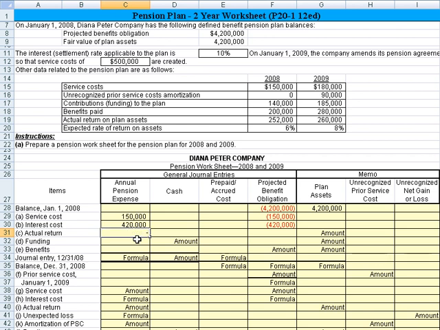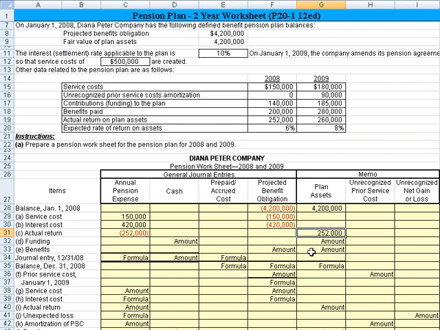So we'll subtract off the $252,000, and that $252,000 then shows up as a positive increase in our plan assets, right? Because if we actually made that amount of money, we've increased our plan assets by the $252,000. So in terms of our annual pension expense, it's a reduction of what our pension expense is. It's an increase in the assets.